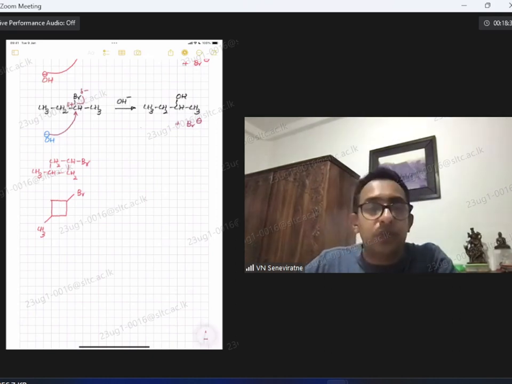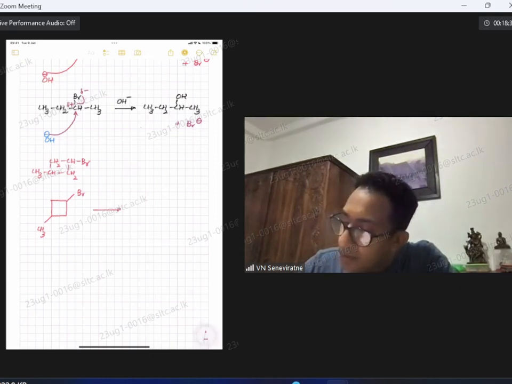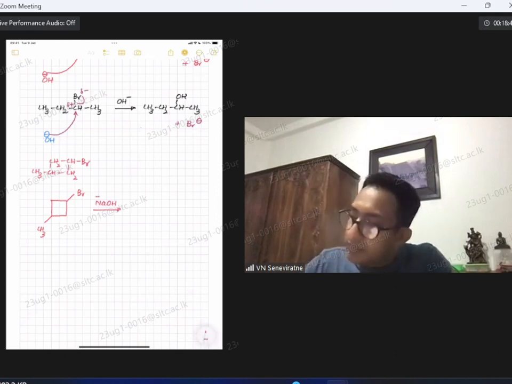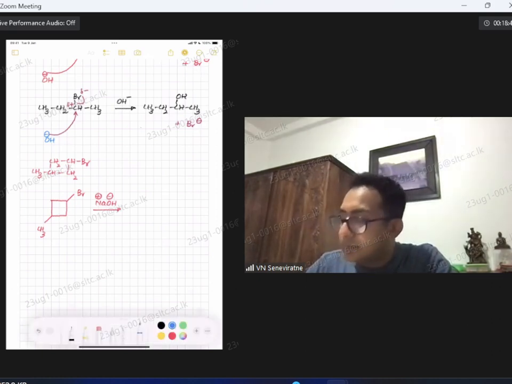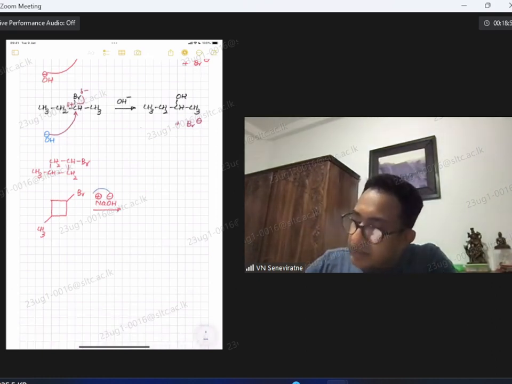If somebody asks you, can you write the mechanism with the sodium hydroxide? Would you be able to work it out? Sodium is plus, hydroxyl is minus. So where can it attack? This hydroxide can attack onto that carbon.